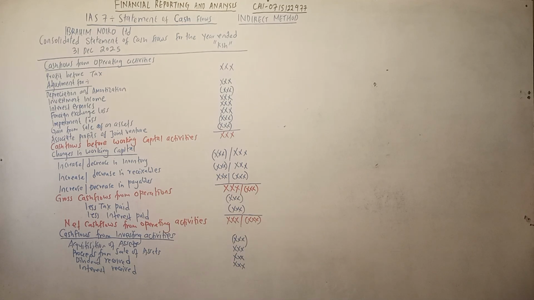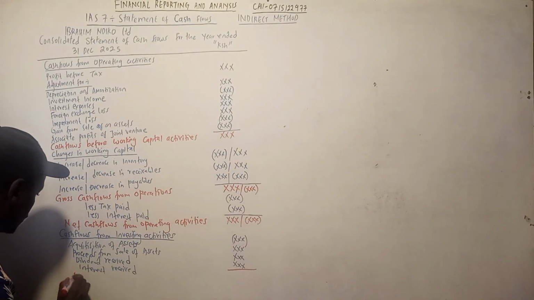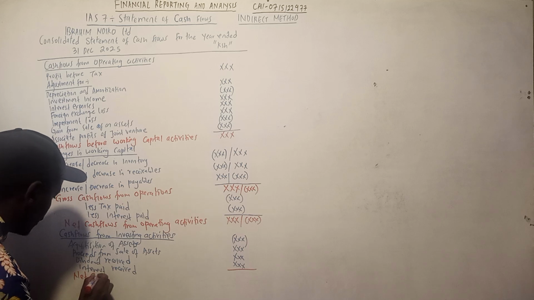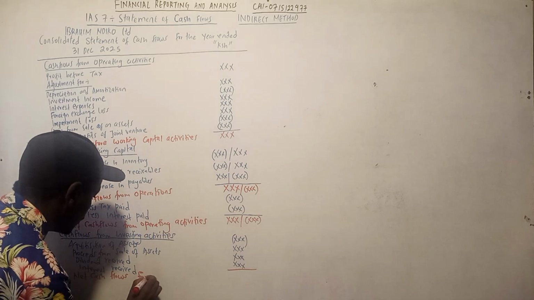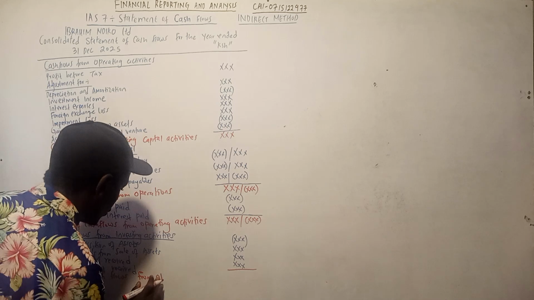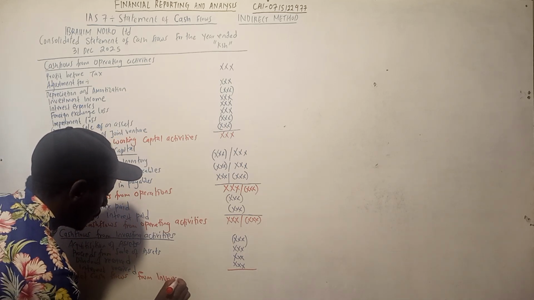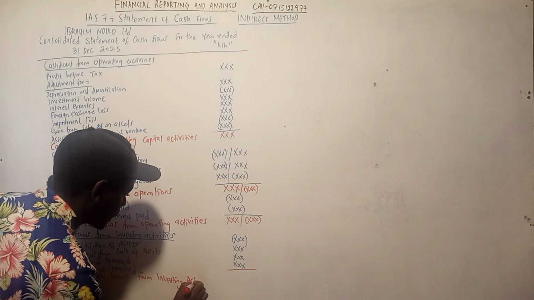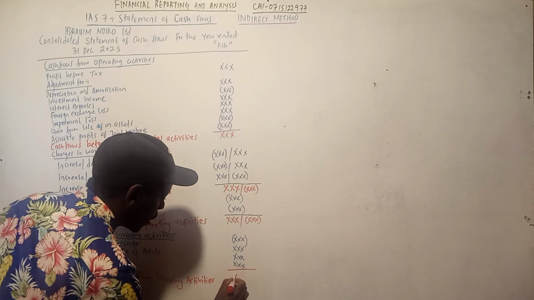Now we can find the total. The total, we call them the net cash flows from not operating, but rather investing activities. It can be a negative or a positive figure.